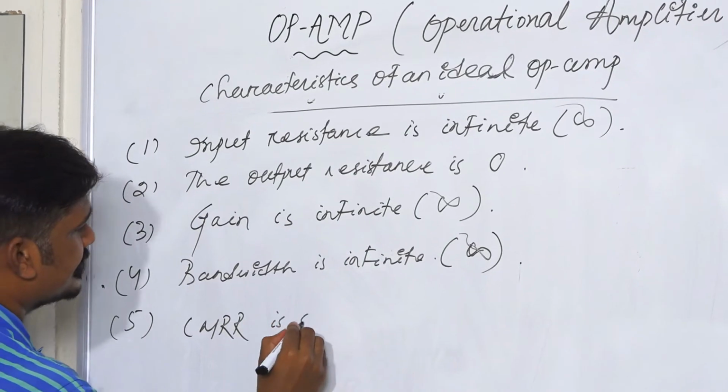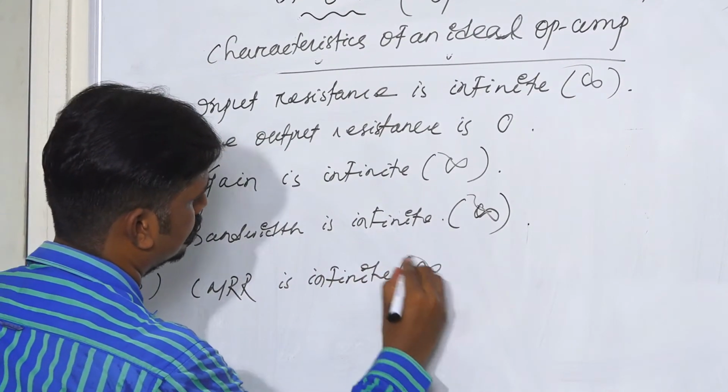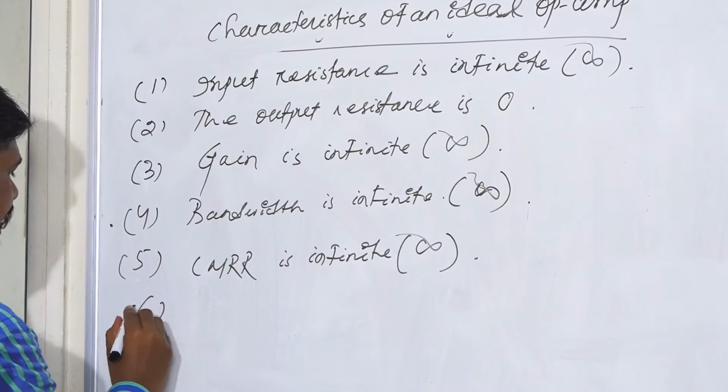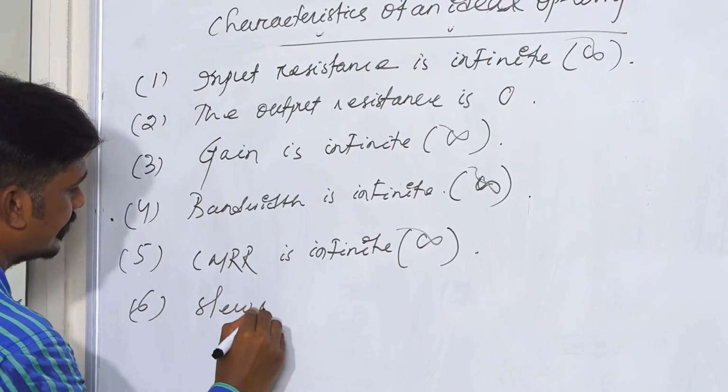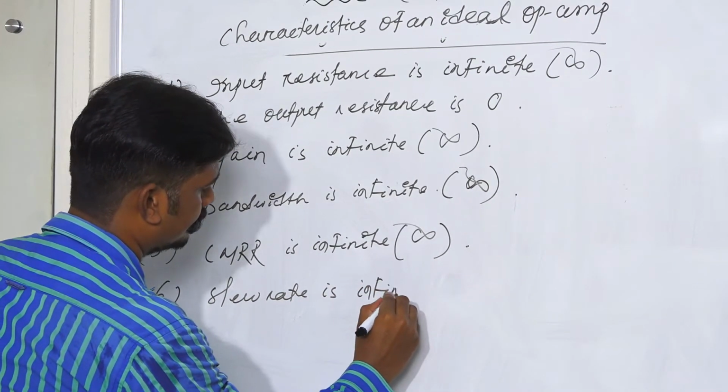CMRR is infinite, and the last one, slew rate, is also infinite.